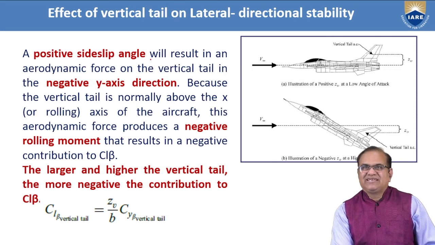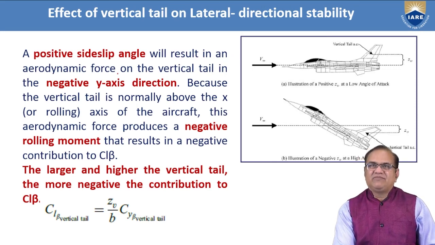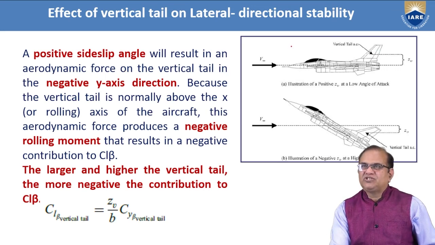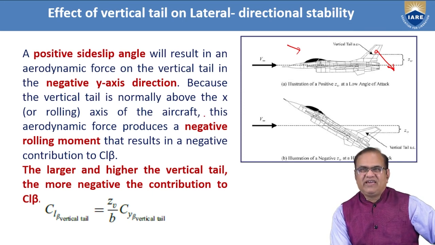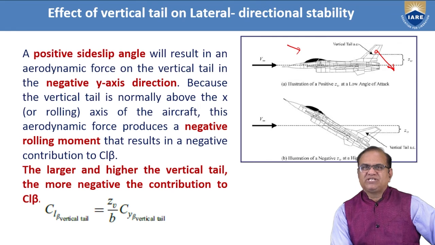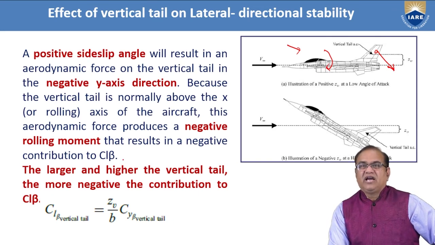Here a positive side slip angle will result in an aerodynamic force on the vertical tail in the negative y-axis. If it is positive from this direction, a force will be generated in this direction because the vertical tail is above the x or rolling axis of the aircraft. This aerodynamic force produces a negative rolling moment, so it will produce a CL in this direction. If the tail has gone down, it will destabilize in the same way.